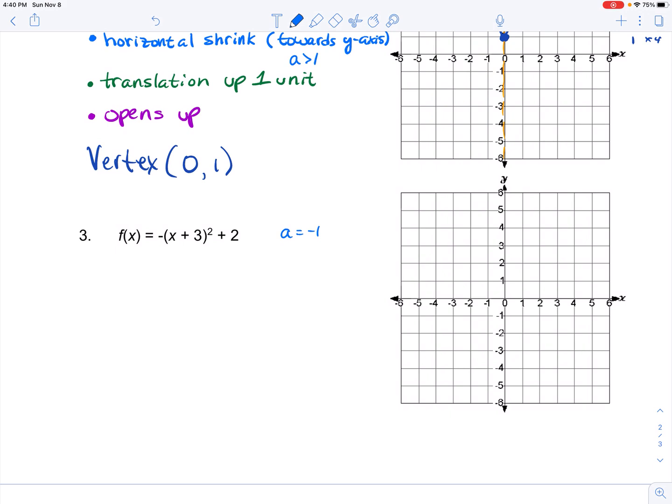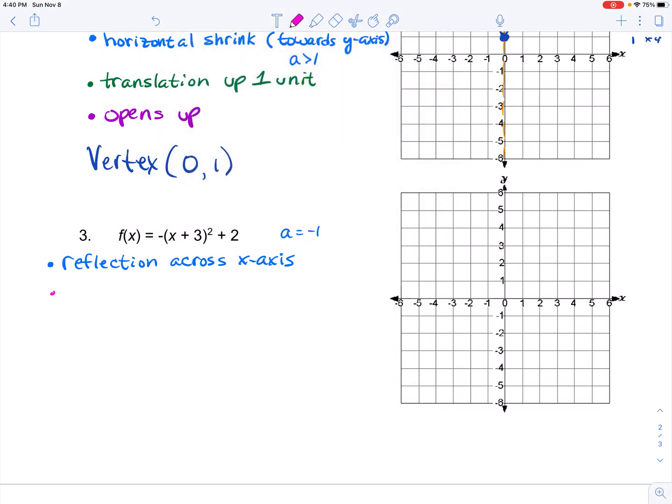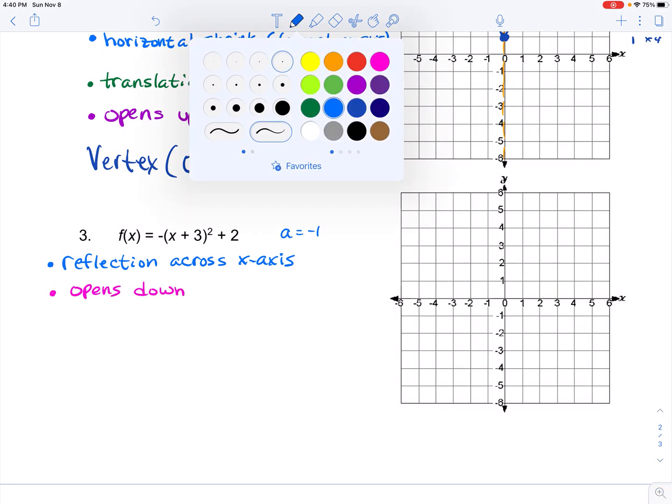So that means the reflection across the x-axis, and because it's a reflection, it opens down.